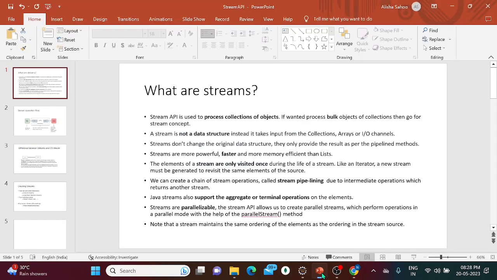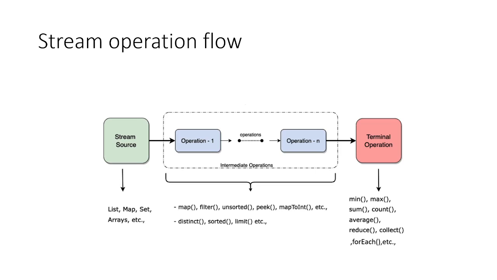If we go to our theory, what is happening here: we created a stream, then we are processing it, we can process by calling map, filter, many more methods are there. After that we are printing, that means we are consuming it, that is for each, or a reduce or something you can call, that is terminal.